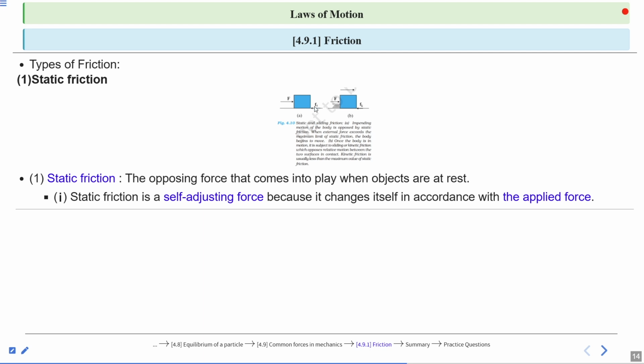Here, Fs acts on the left side and the applied force acts on the right-hand side. If the applied force is less than the static frictional force, the box does not move because the static friction is holding it in place. So static friction is a self-adjusting force.